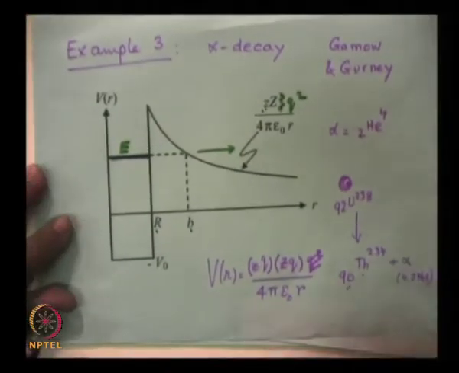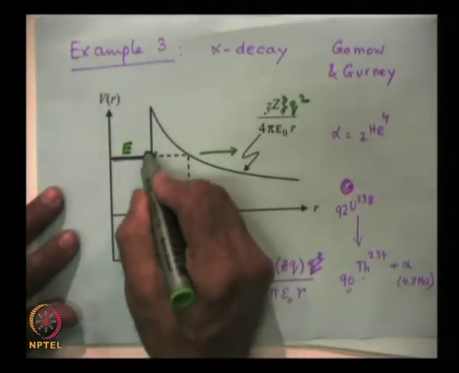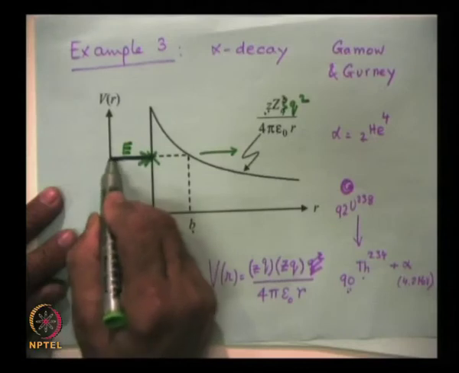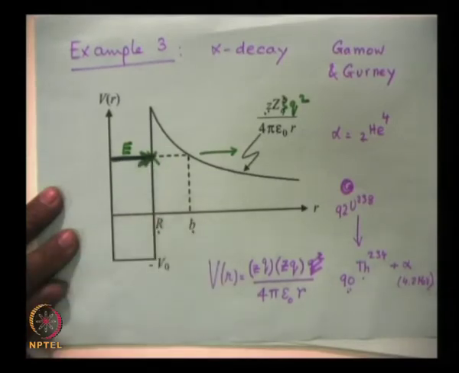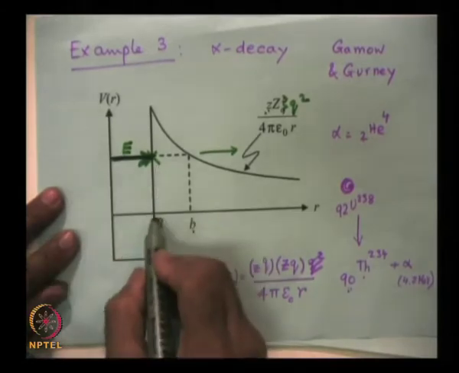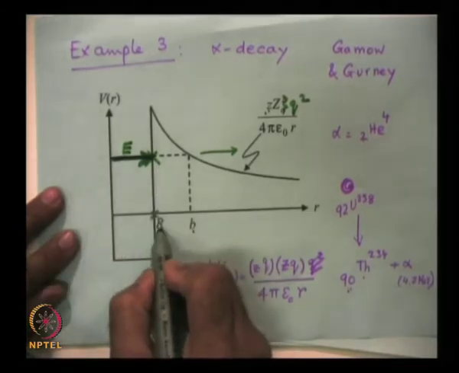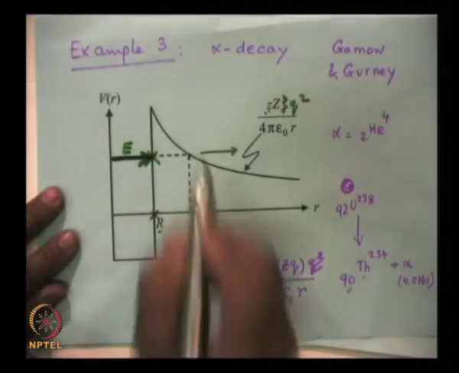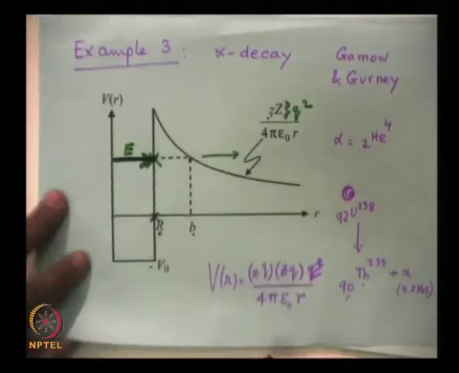In this figure, one of the turning points is here. The alpha particle is incident on the boundary of the nucleus, and there, at that point r is equal to capital R, and then it hits the point b, the other turning point.